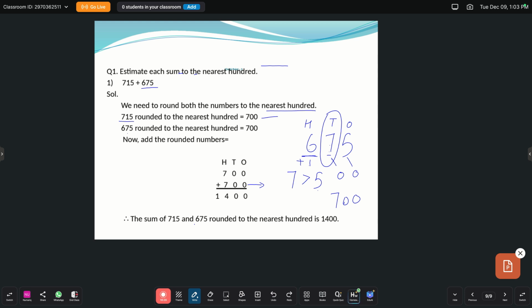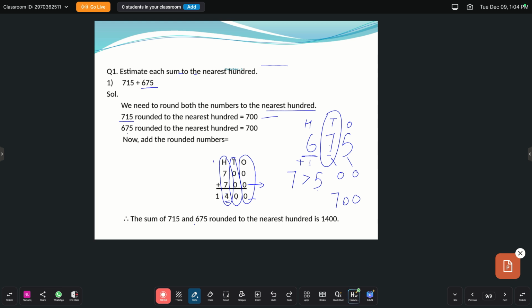Now what do you have to do? Add. Start from the ones column. 0 plus 0 is 0, and now move to tens column. 0 plus 0 is again 0. Move to hundreds column. 7 plus 7 is 14. We will write only 4, and 1 we will carry over.